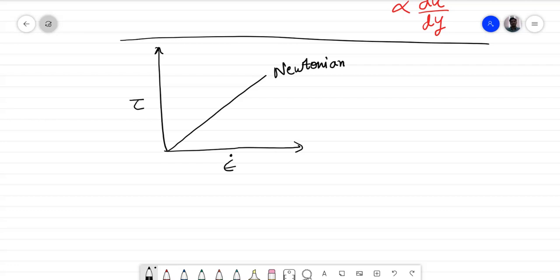Now you may have a yield stress to the fluid, which we discussed in the last class. Let's say it takes tau naught stress, this much amount of stress, for the fluid to start flowing, to start behaving like a fluid. And let's say after that it follows a straight line. This kind of fluid is known as a Bingham plastic.